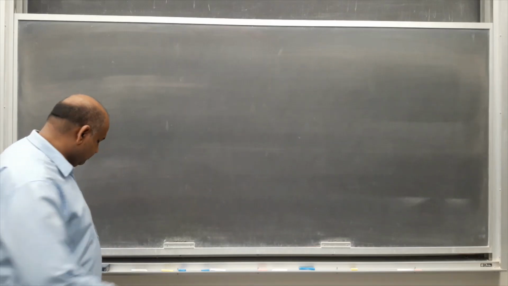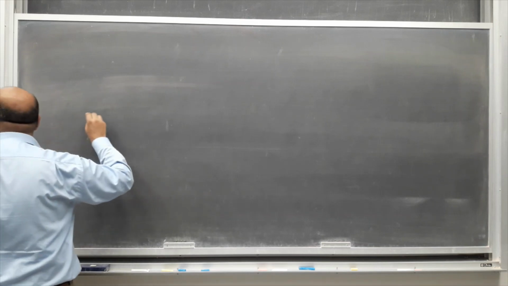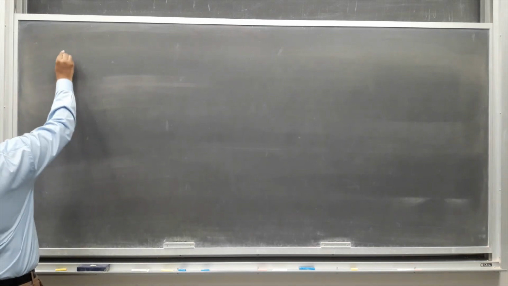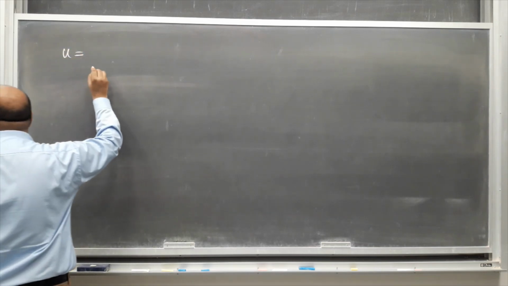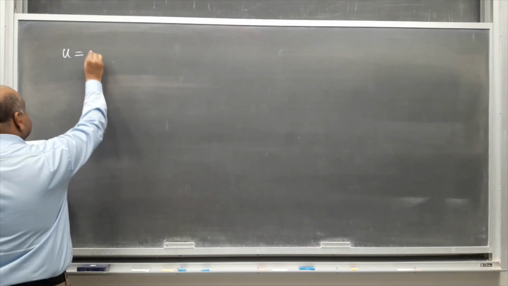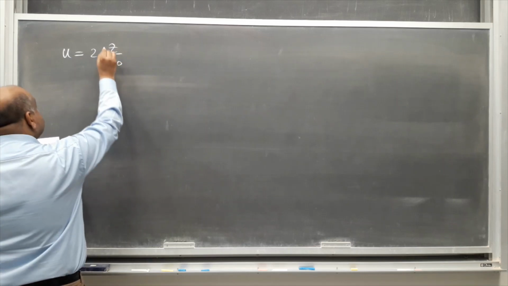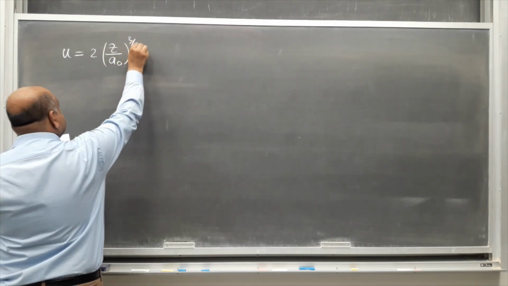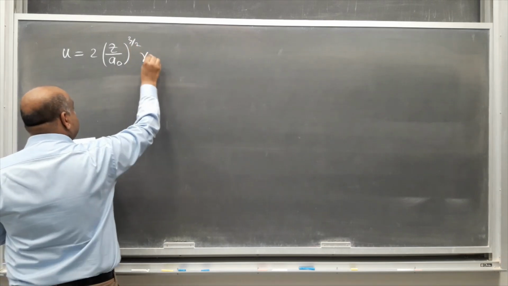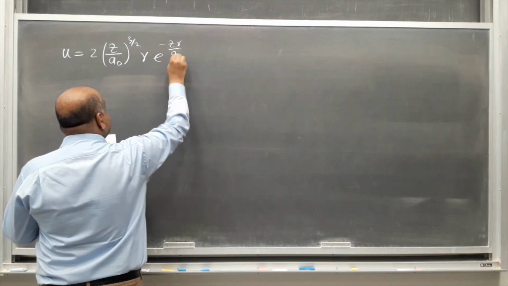Okay, so we just saw that after finding C naught, U becomes 2Z over A naught to the 3 by 2, R exponential minus ZR over A naught.